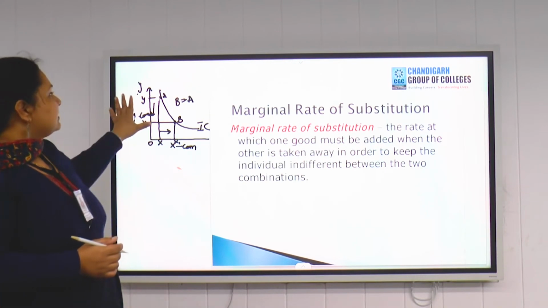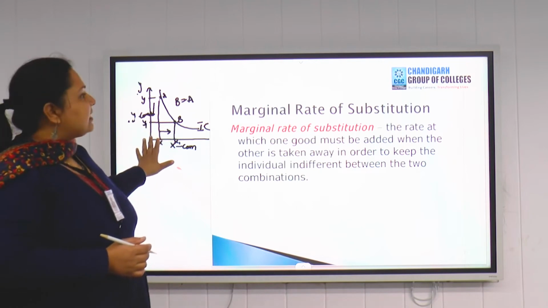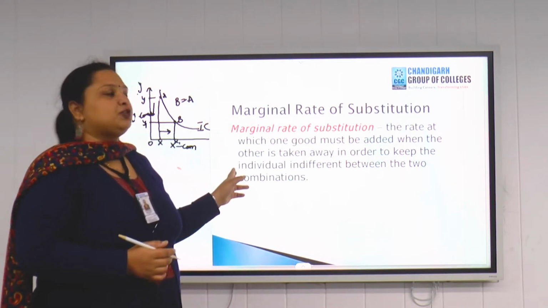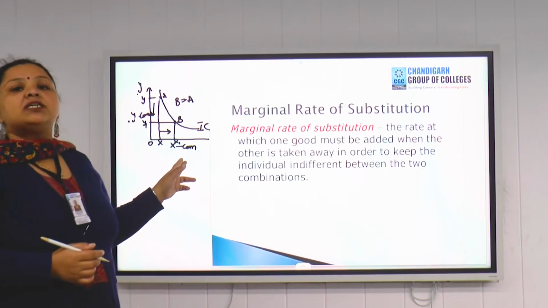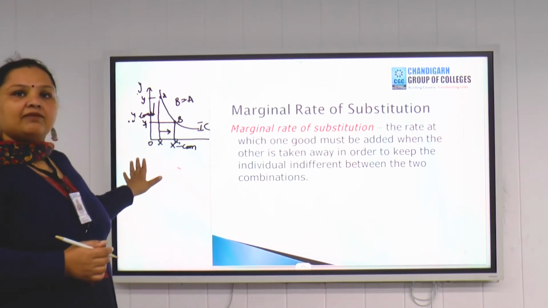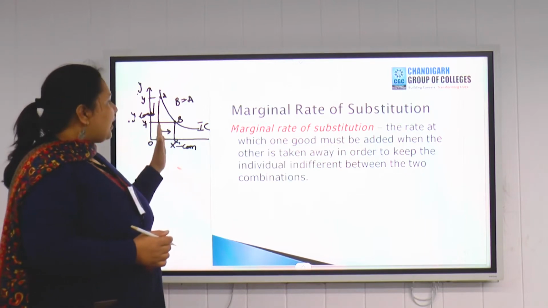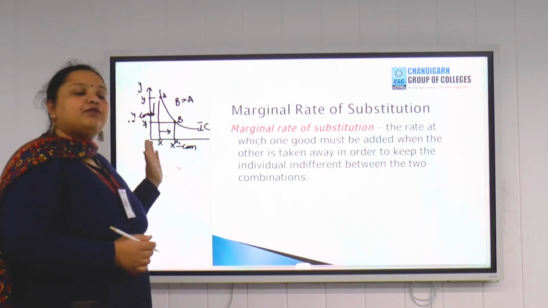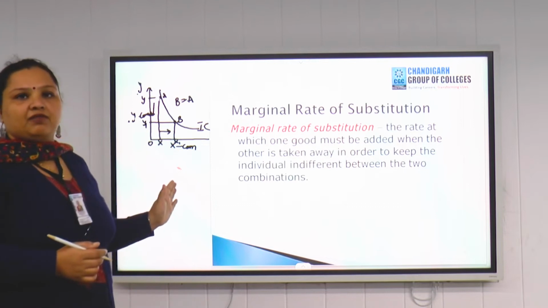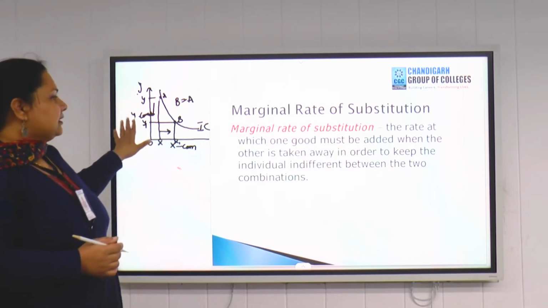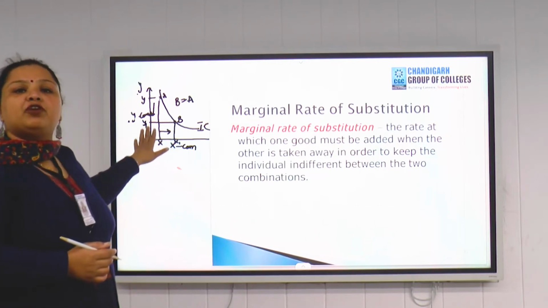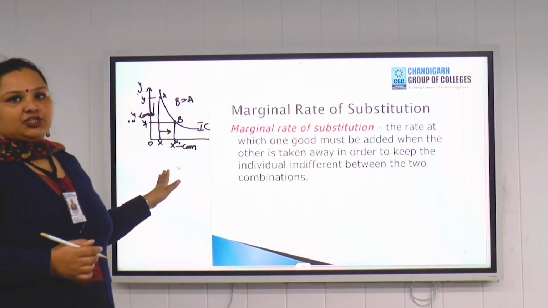We can say that indifference curve is based on marginal rate of substitution. Now, what is marginal rate of substitution? The same that I have explained right now. The rate at which one commodity must be added when the other is taken away, to keep the individual indifferent between all the combinations.